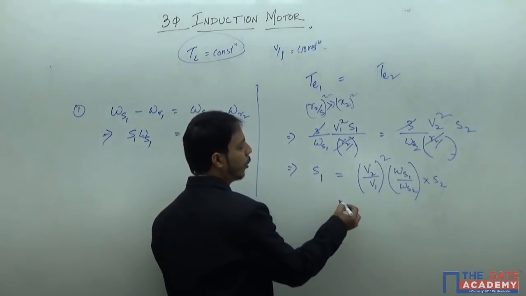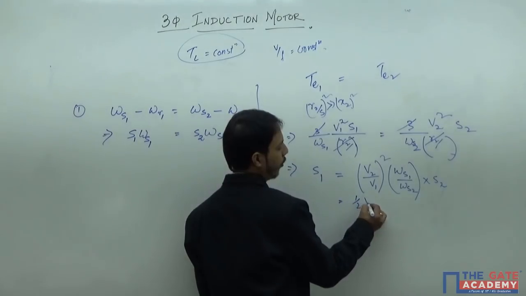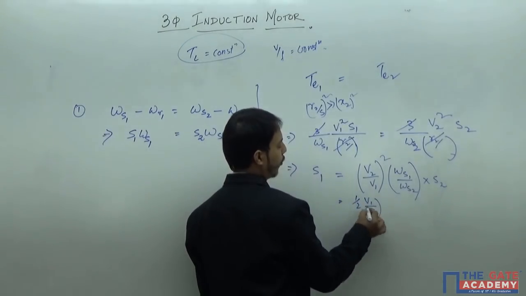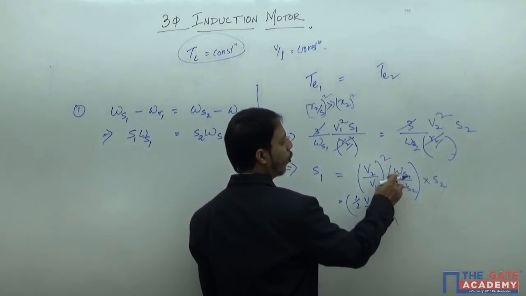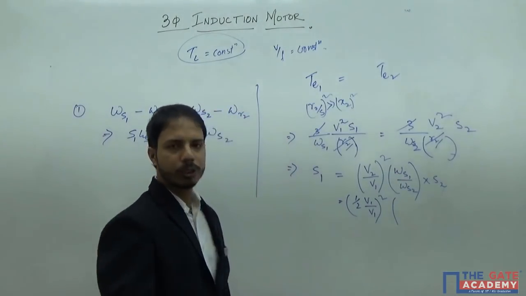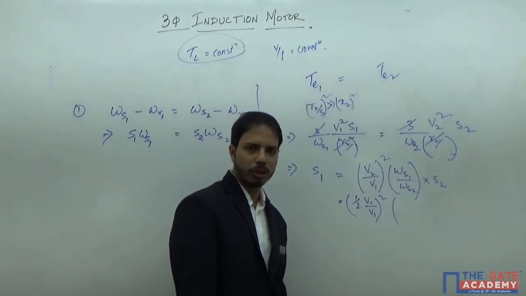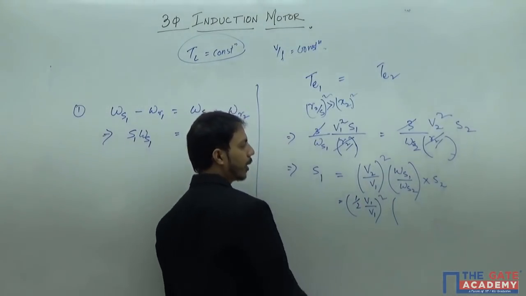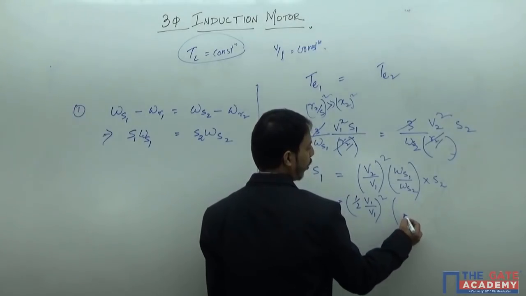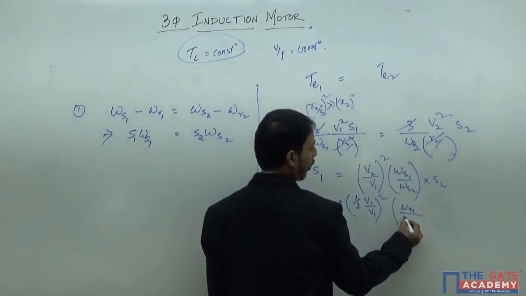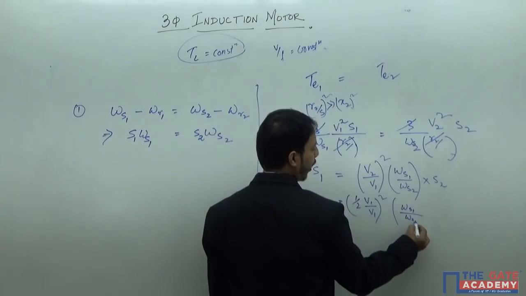Now V2 I know is half of V1, and omega S1 is directly proportional to frequency. So I can say this is omega S1 by half of omega S1.